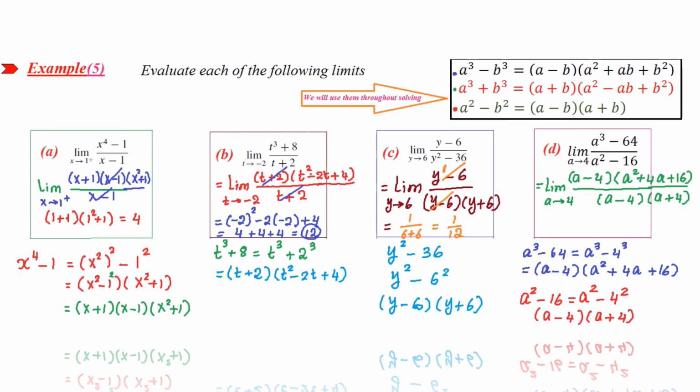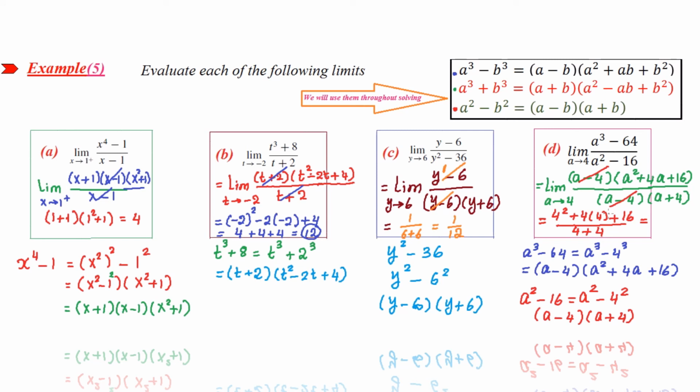By cancellation, a minus 4 with a minus 4, and by replace a by its value, which is 4, this is equals to 4 square plus 4 times 4 plus 16 divided by 4 plus 4.